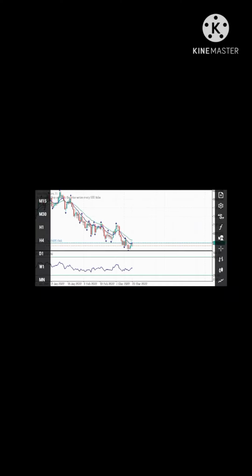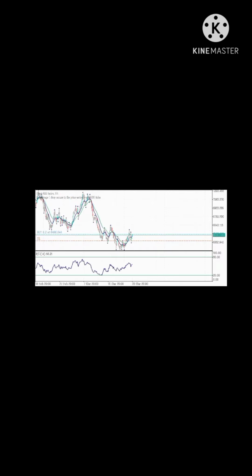So let me now check. You see, it is forming an uptrend. It is in an uptrend form. So that's the point I was trying to make. So you can buy and sell when the market is in a downtrend or uptrend on a daily time frame.